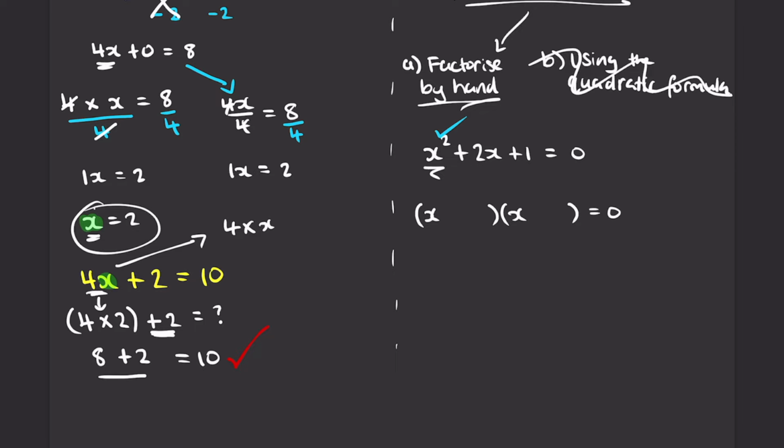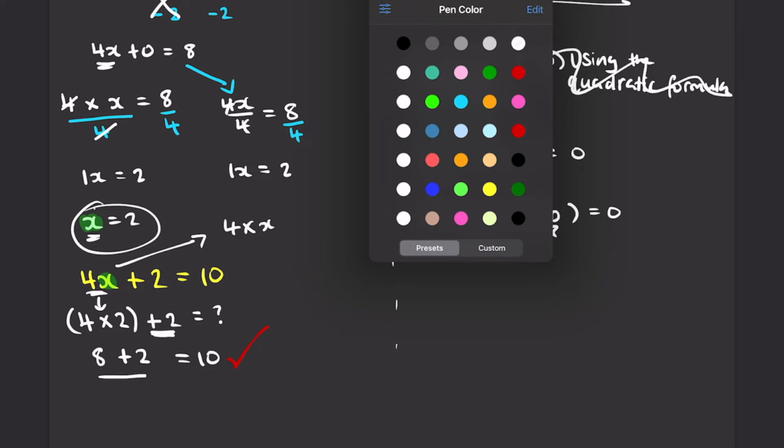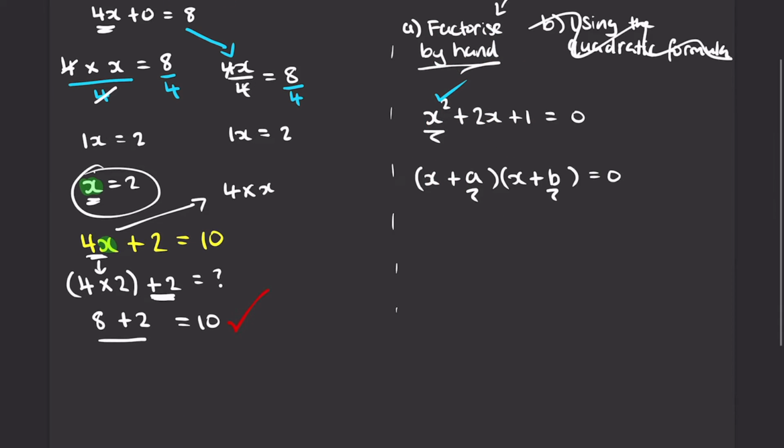So what I mean by that is, let's say we have x plus a and x plus b again, a being a given value and b being a given value. So what I mean by what I just said is, I'll use this color.